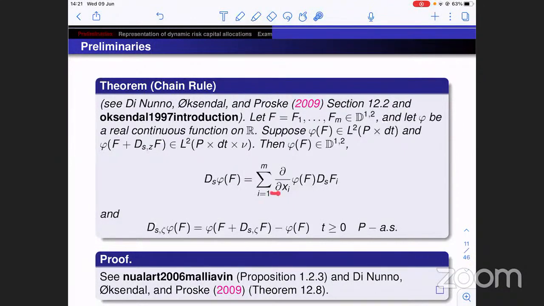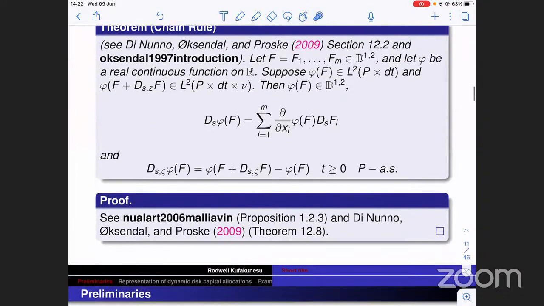You can do like this: this is what you want to apply your Malliavin calculus to, and then times the first derivative, sort of the chain rule argument here. And also when you're involving jumps, you can actually do this.